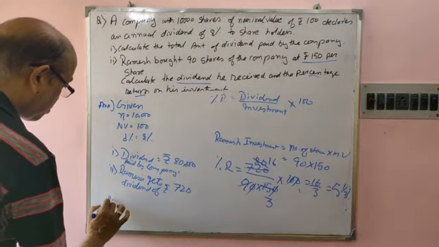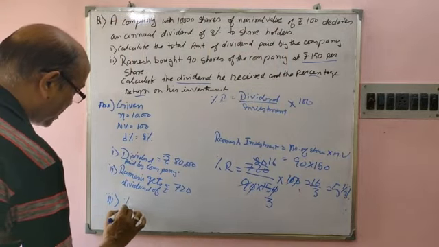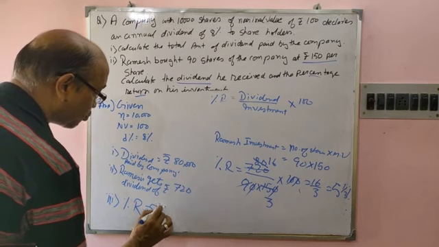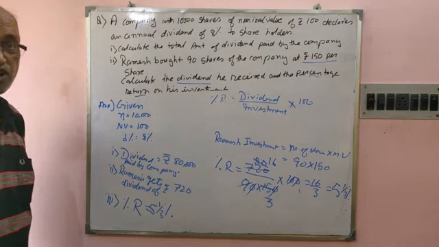So percentage return is 5 1 by 3%. Is it clear now? Okay.